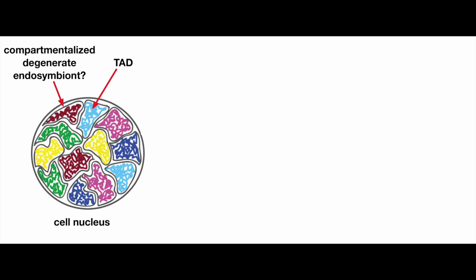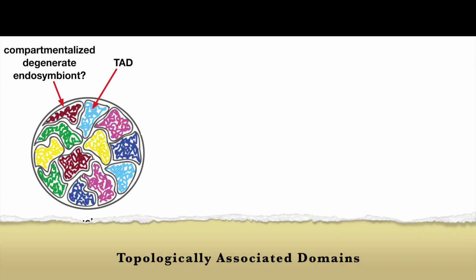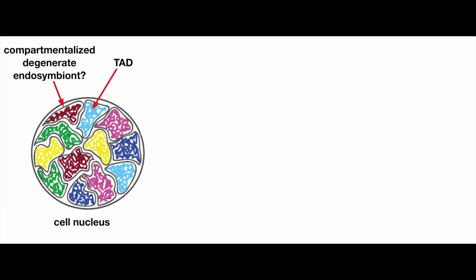Now this image is called a cell nucleus, highly diagrammatic, and it has these little compartments within it that look like everything's coiled up in there. And those things are called TADs. This is a mouthful: topologically associated domains. What that means in plain English is that a chunk of DNA is all wrapped up, but it has its own compartment within the nucleus.